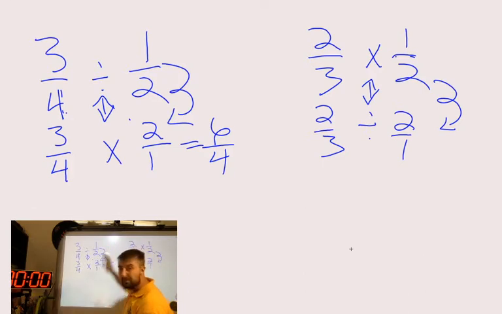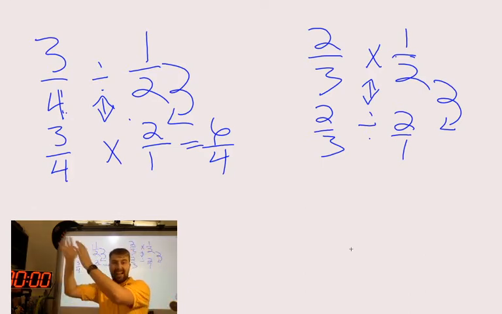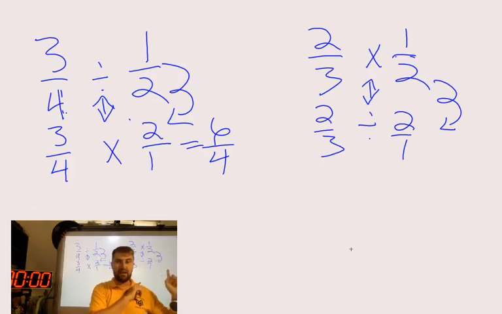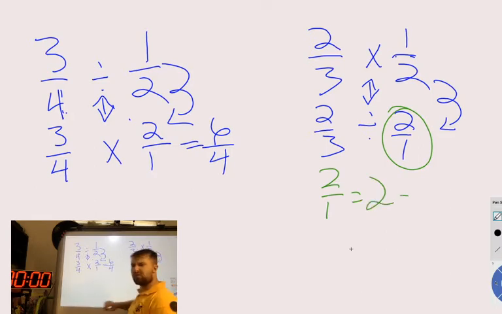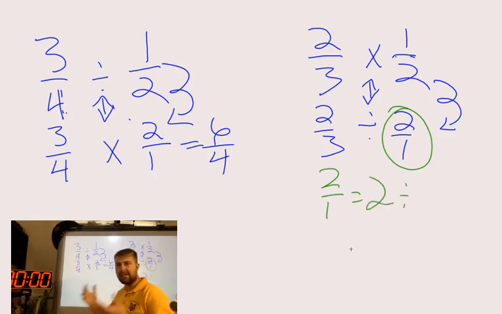Now that we've done the opposite of what we did on this left side, now that we're on the right side over here, we did the exact opposite. Left side, we went from division to multiplication. On the right side, we went from multiplication to division. Oh my goodness. And we see that this 2/1 is the same thing as 2 divided by 1, because us writing a fraction is the same thing as a division problem.